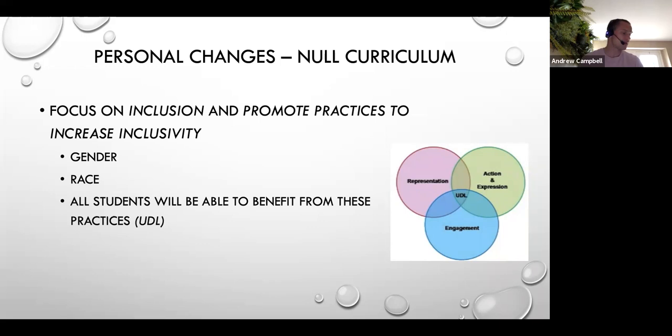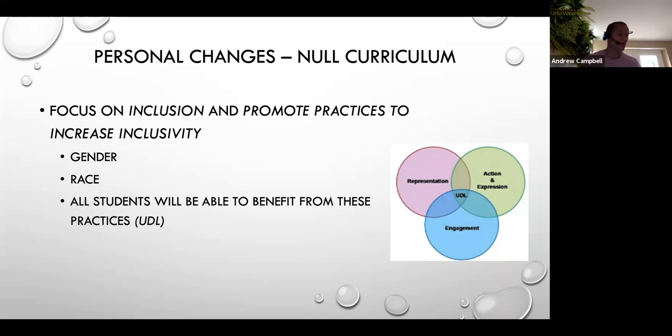So one of the biggest things that I took away as far as a personal change is how much I need to focus on inclusion and promote practices to increase inclusivity. We talked about gender and race, and we're going to talk a little bit more about those specifically on the following slide. But I'm also looking at this through the lens of the universal design for learning.